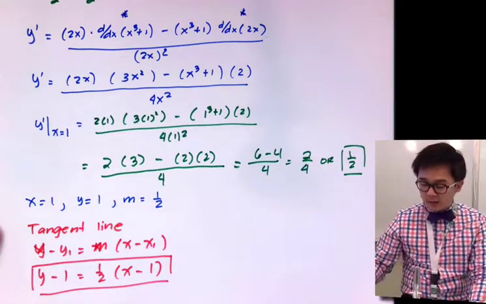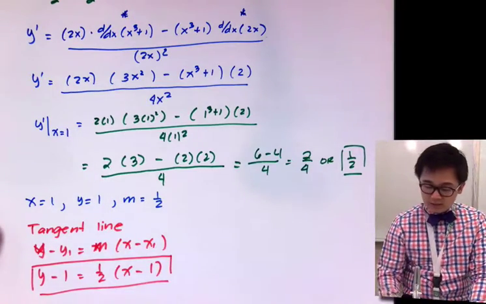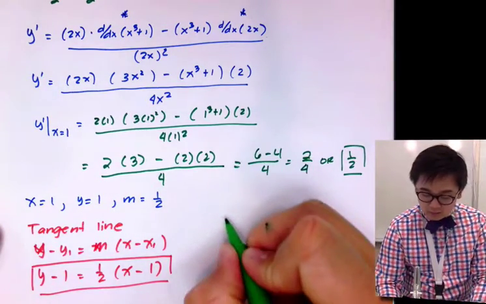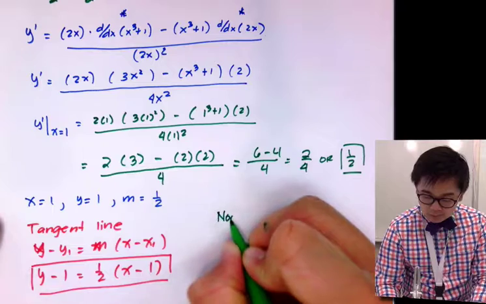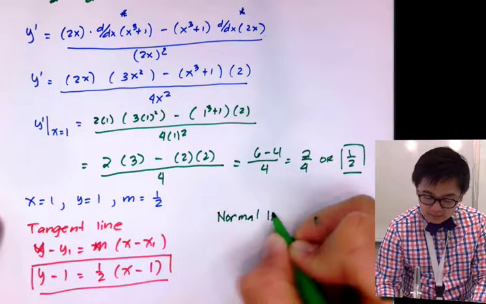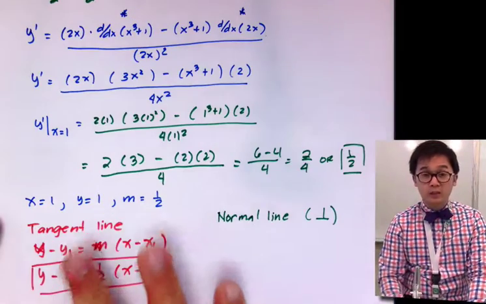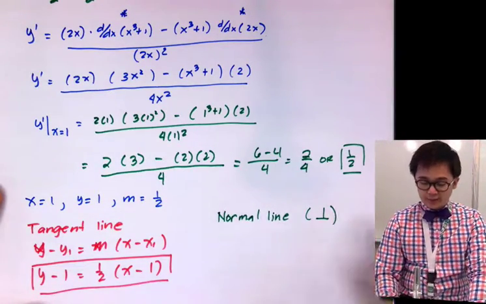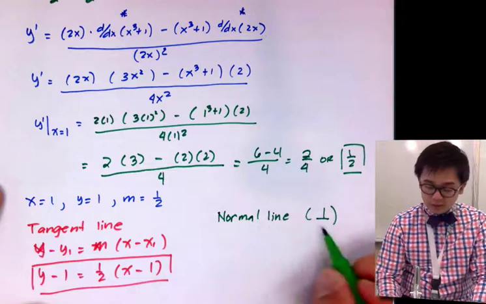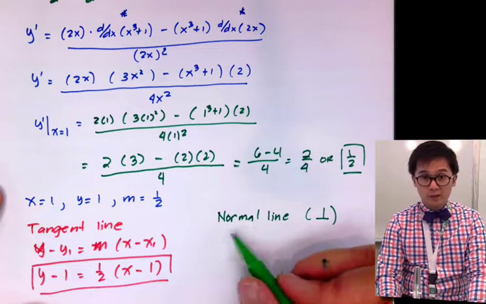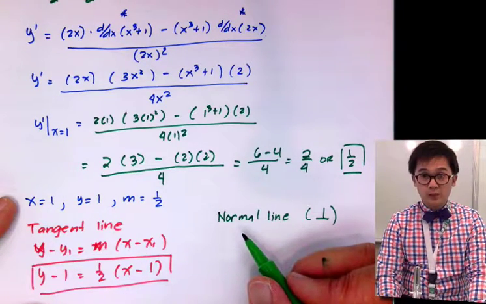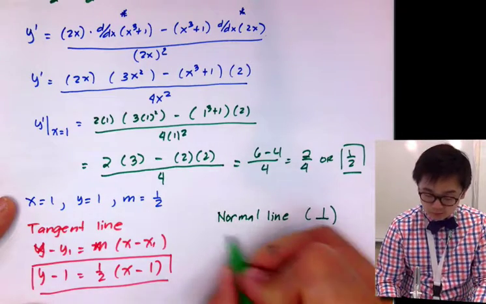Now we need to find the other line, which is the line that is normal to the curve right here. So the normal line in mathematics is basically the perpendicular line to this particular curve. And we already know the slope, and we know that the relationship between the slope and the line perpendicular to it is the negative reciprocal.